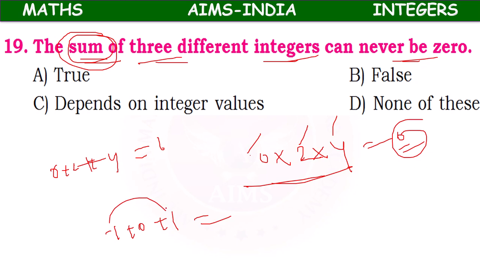Minus plus cancel, 0. 0 plus 0, 0. So minus 1, 0, 1, three are different integers, but their sum is 0. So the statement that the sum can never be 0 is wrong, false.